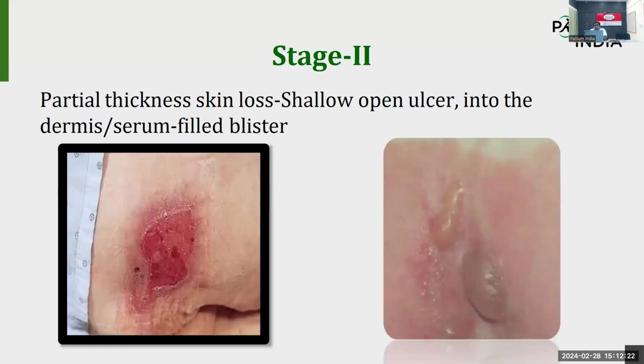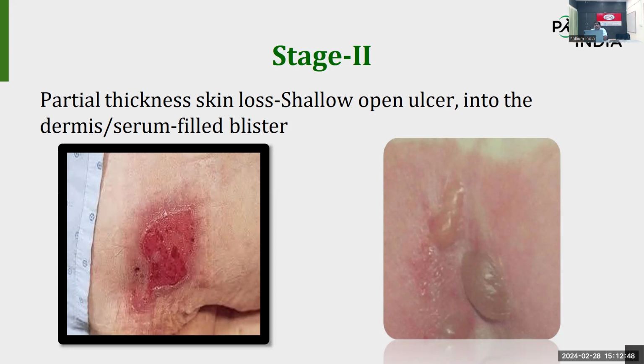Next one is stage 2. It is blister formation. There is partial thickness skin loss. The first layer of skin will be damaged after the pressure application. So sometimes it may be a blister, a shallow open ulcer into the dermis, or serum filled blisters.